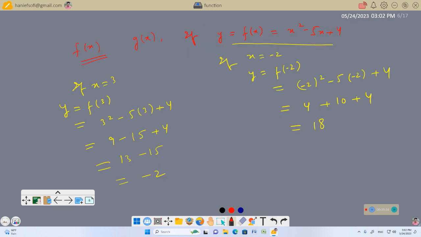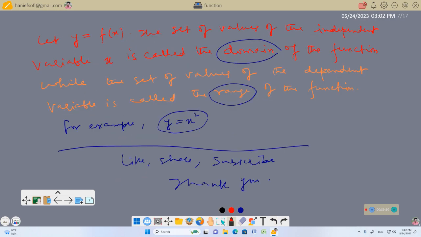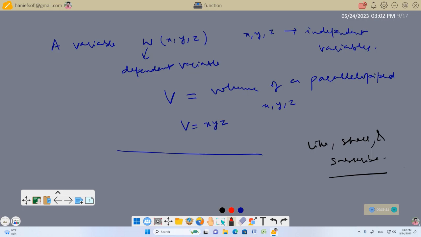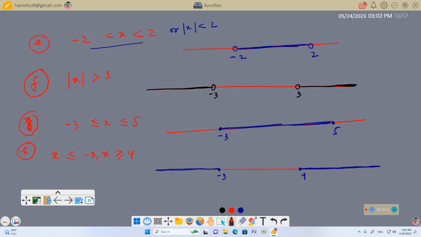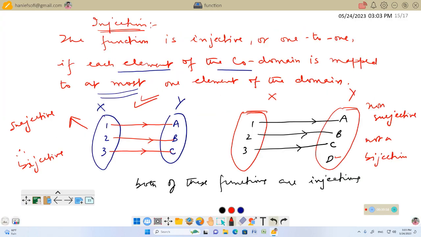In case of a single valued function, this should happen: to each value of y there should correspond just one value of x, right? Now when we talk of bijection, let me go to this Venn diagram. This is the bijection.